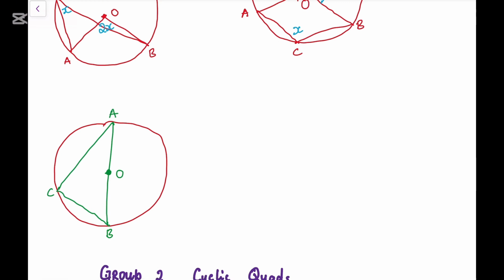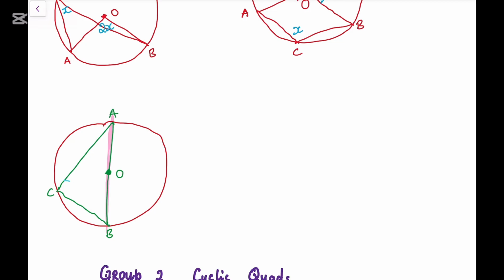So you will notice that your diameter will always divide your circle into 2 half circles. Your diameter will always divide your circle into 2 semicircles. So now diameter will always subtend 90 degrees. Diameter will always subtend 90 degrees.